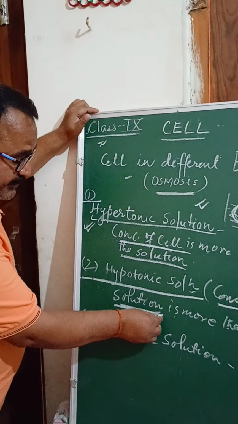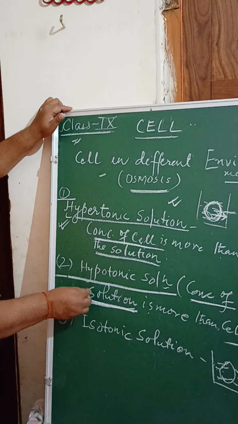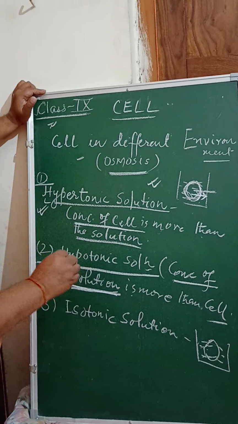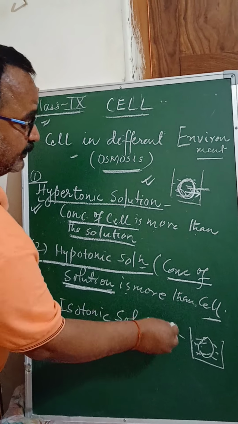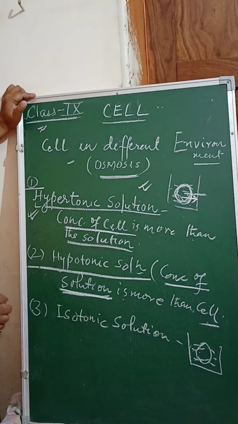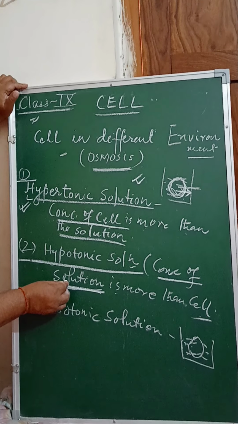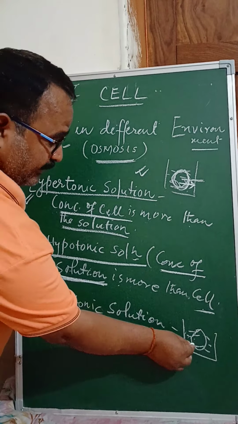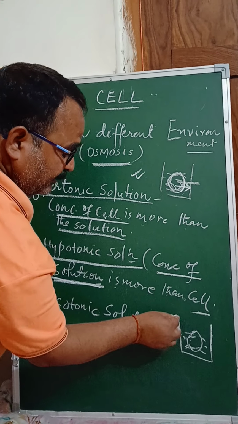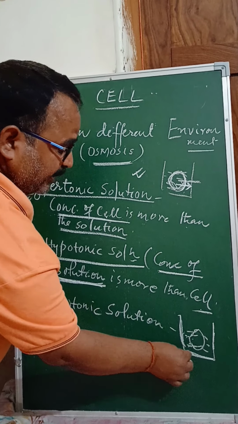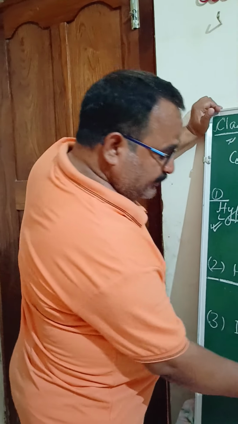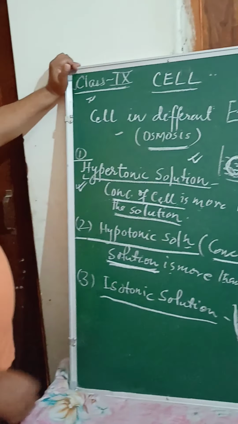Because, as we have said, the condition is that the concentration of the solution is more than the concentration of the cell. So the water moves from solution to cell, and that finally results in the shape of the resin becoming bigger, or it gets swollen.